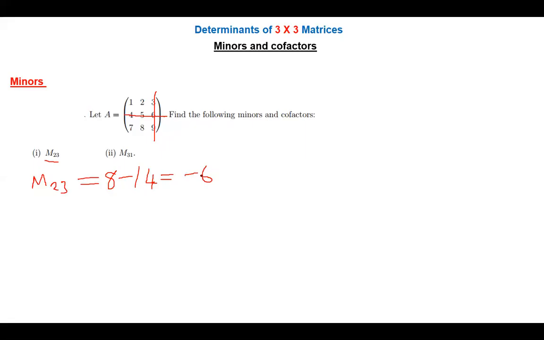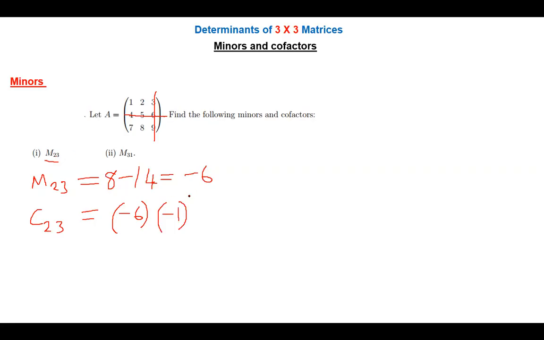So now, if negative 6 is your minor, it means that your cofactor of 2, 3 is going to be this same negative 6, you multiply it with negative 1, but this negative 1 should be raised to the sum of these 2 and 3.